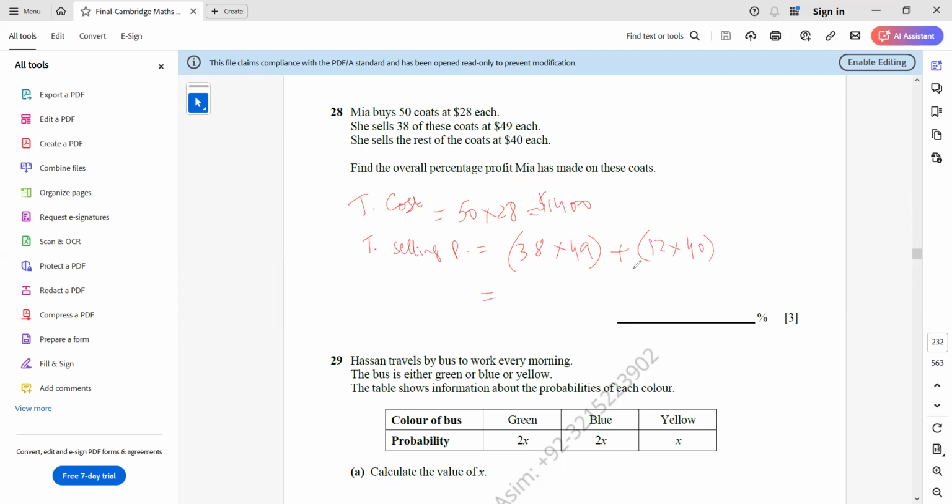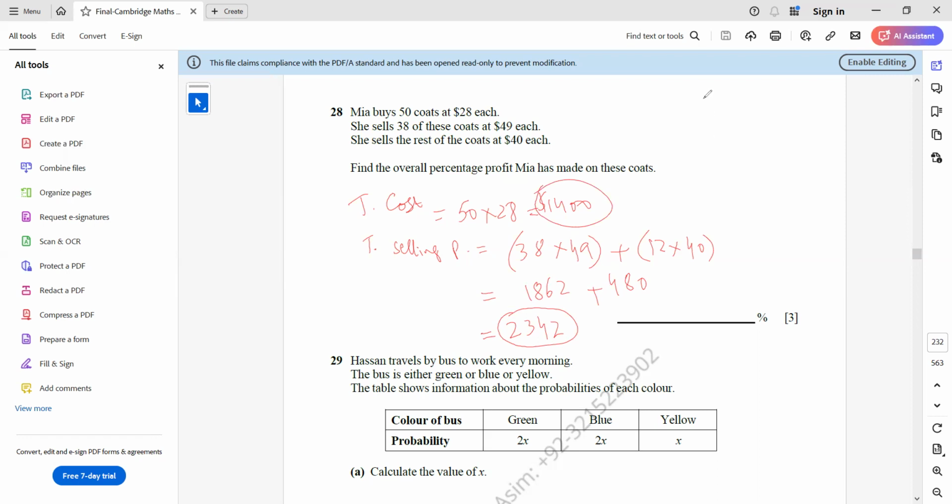So that is 12 fours are 48, 480, and then 38 times 49, which is 1862. Adding them up, 2342. So this is the total selling price, and this was the total cost.